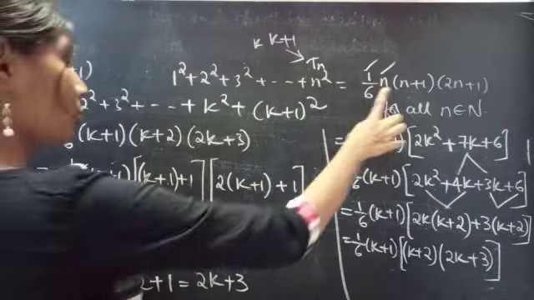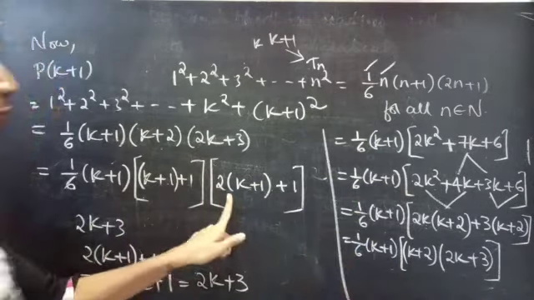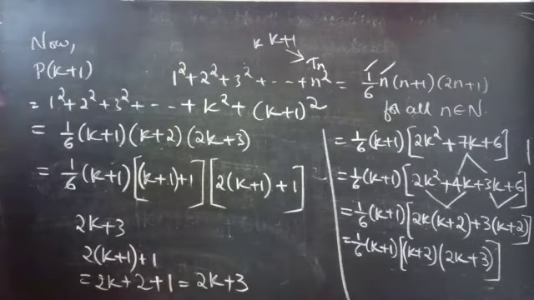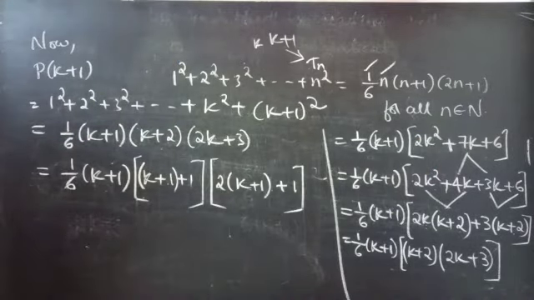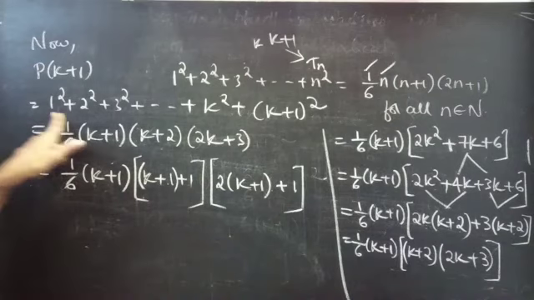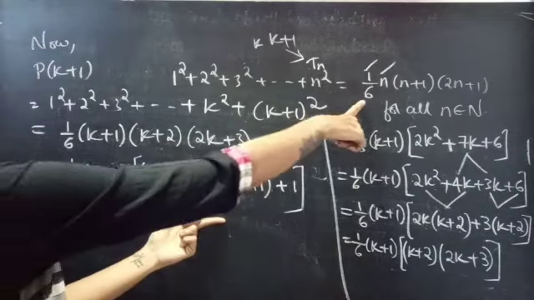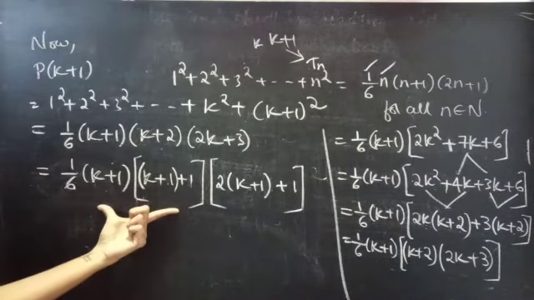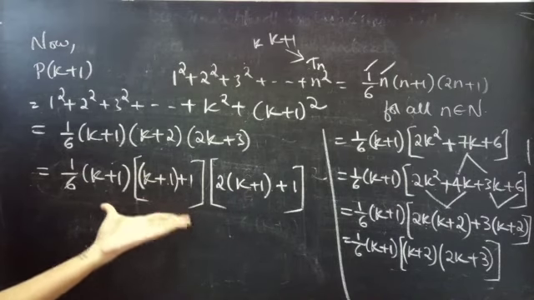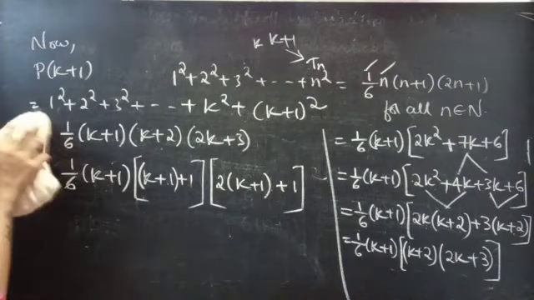1 by 6 into n plus 1 into 2n plus 1. This shows that the RHS is true for n equals k plus 1. This is your LHS, which is your RHS. We considered the LHS, and from this we got the RHS. Okay. This shows that P of k plus 1 is true.